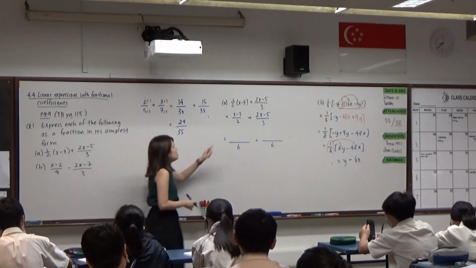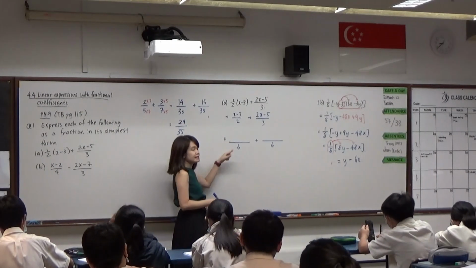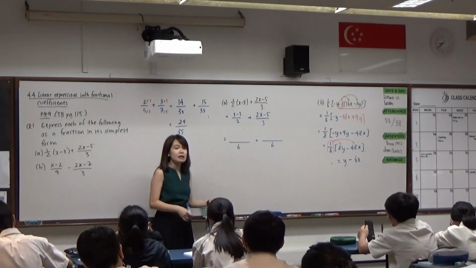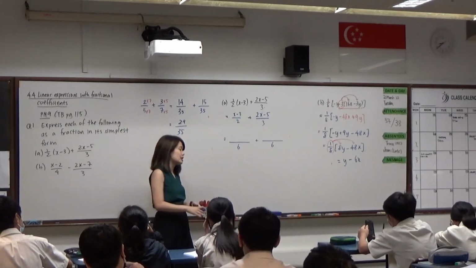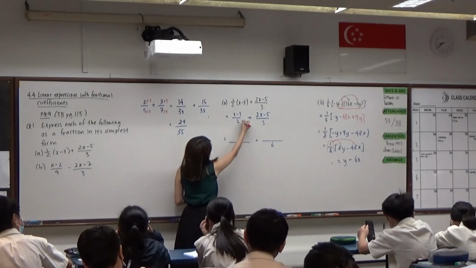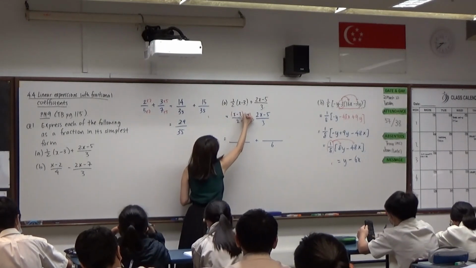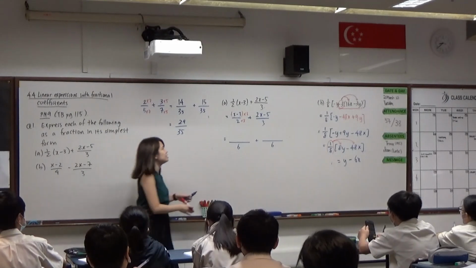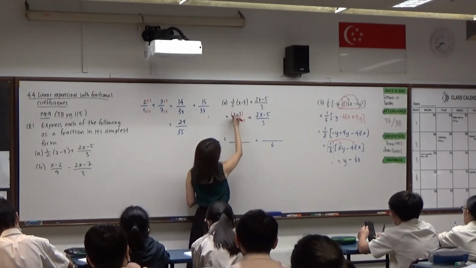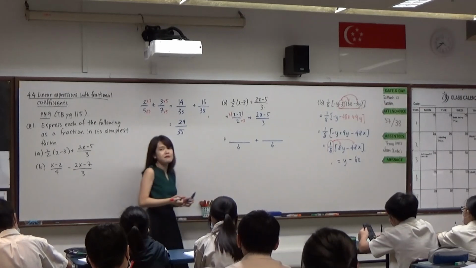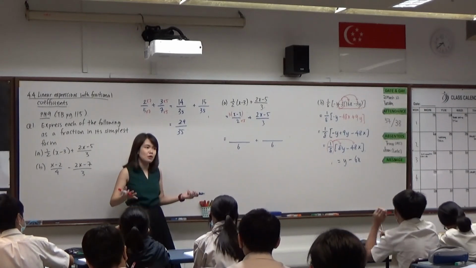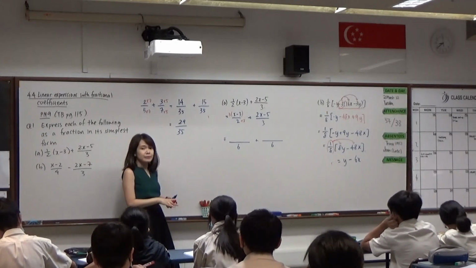So 2 in order to become a 6, I'm going to multiply by 3. That means in my numerator, everything in the numerator must multiply by 3. In other words, my multiplication of 3 is the same as writing my 3 in front, whereby later on I will need to do my expansion.